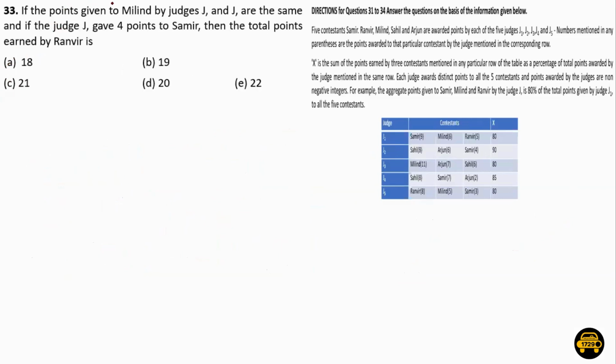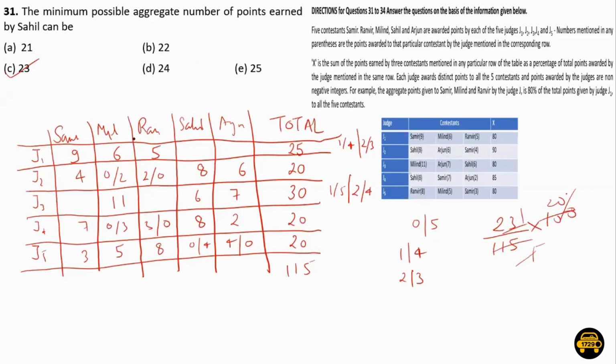Now, if the points given to Milind by judges J, okay, there's a J2 and J4 it should be, because you can have a look here. In case of Milind, only J2 and J4 points are not certain, right?